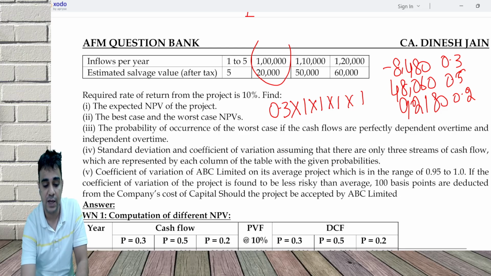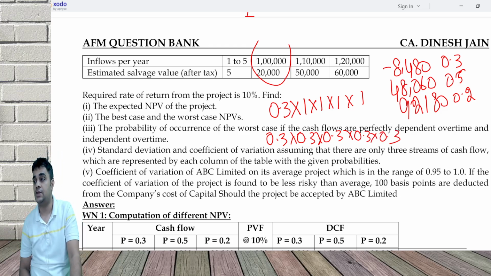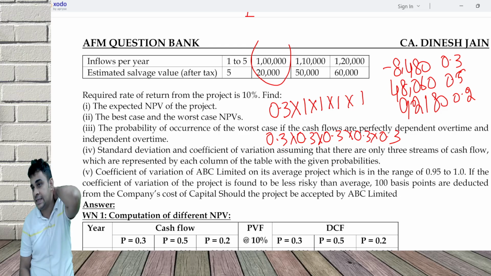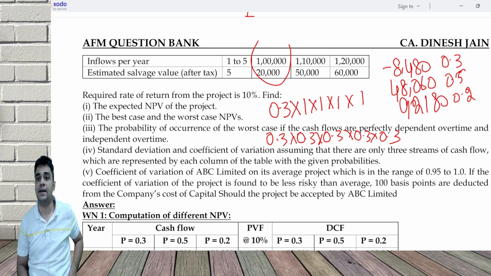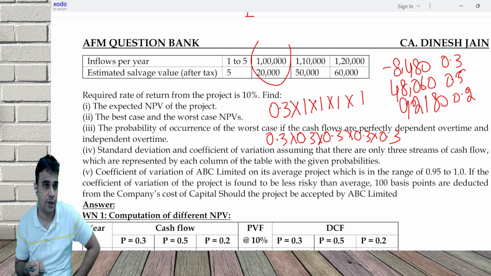Independent means first year 0.3, second year 0.3, third year 0.3, fourth year 0.3, fifth year 0.3. Can you tell me the multiplication of all of this and what number you get? It's a very rare scenario. In independent, it will be a very rare scenario, which is like 0.243 percent if you multiply by 100.